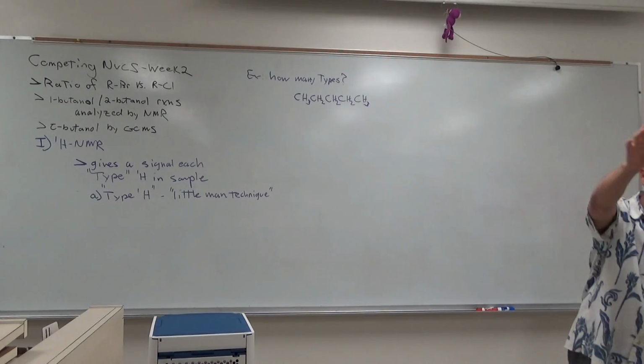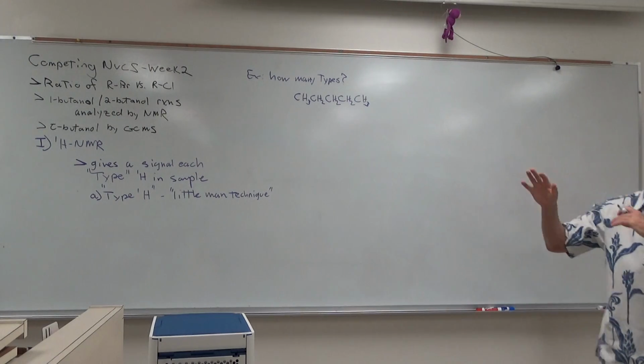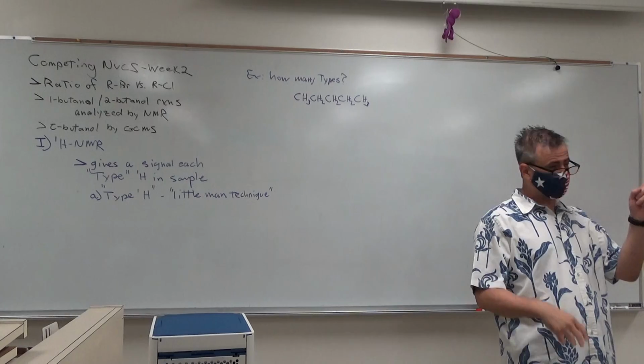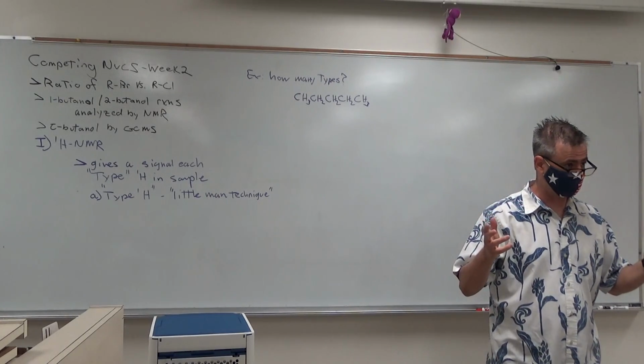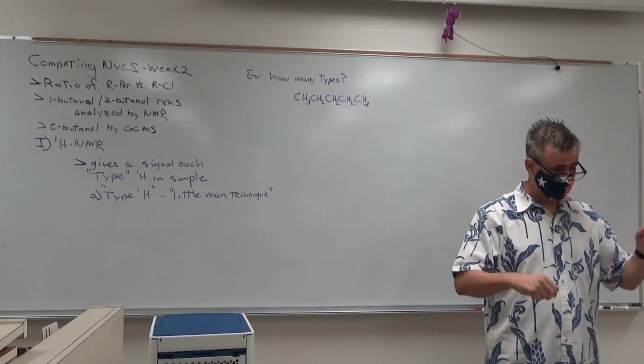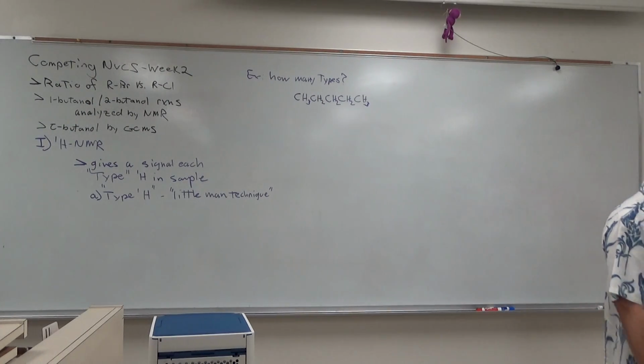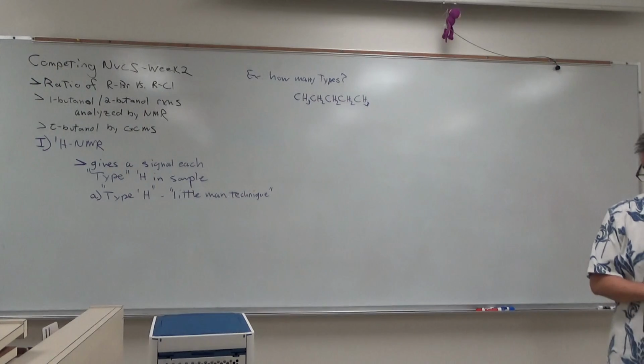Maybe, before you answer, sorry, I should tell you the little man technique in this context. Let's say you think that one type is the same as another type. We'll test it by shrinking yourself down, going onto that H, and looking down the molecule. It is a lot like the chirality one.